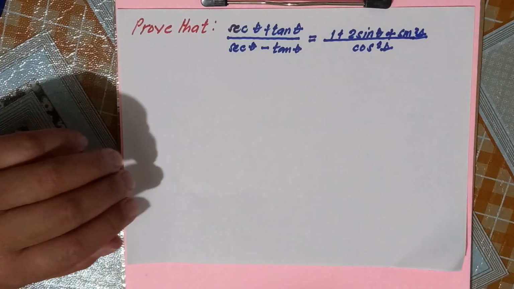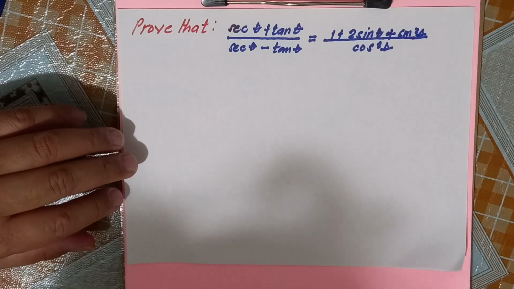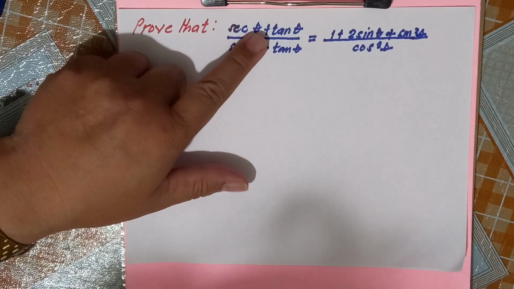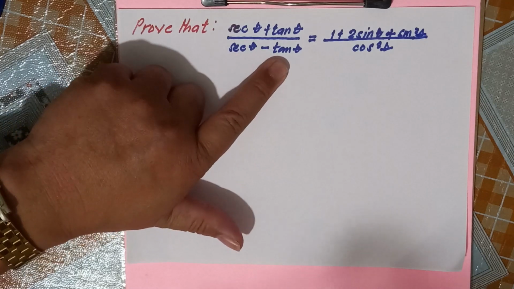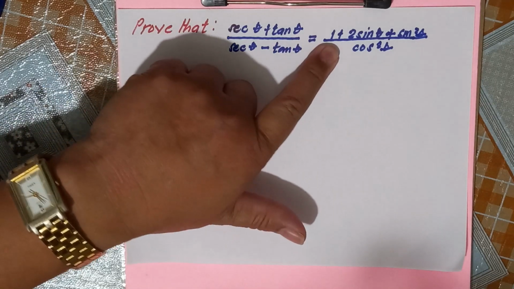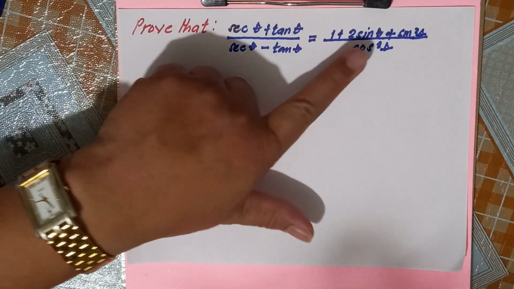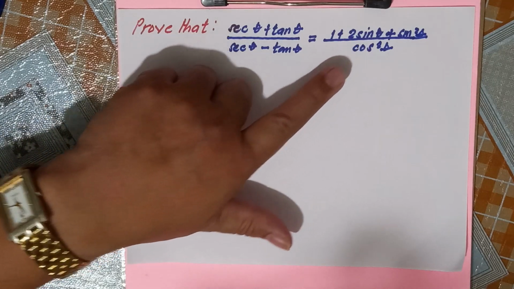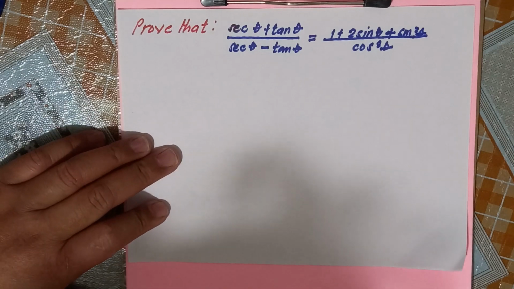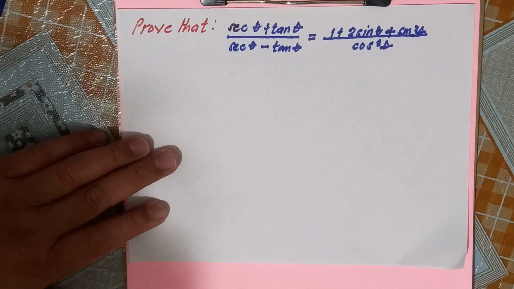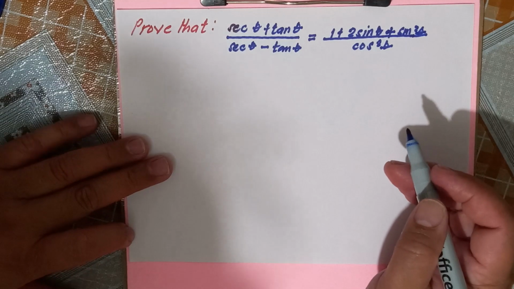Now we have another problem here. Secant theta plus tangent theta over secant theta minus tangent theta is equal to 1 plus 2 sine theta plus sine squared theta over cosine squared theta. Now we will prove that they are equal. How are you going to do this?